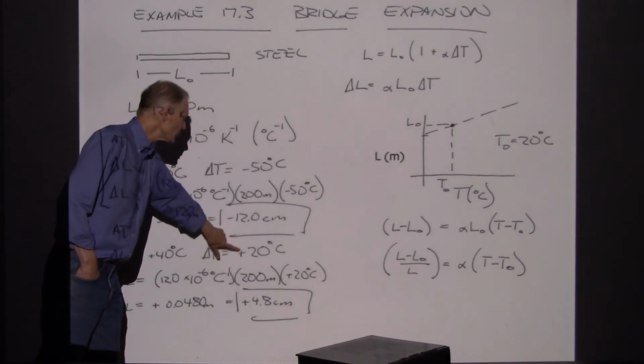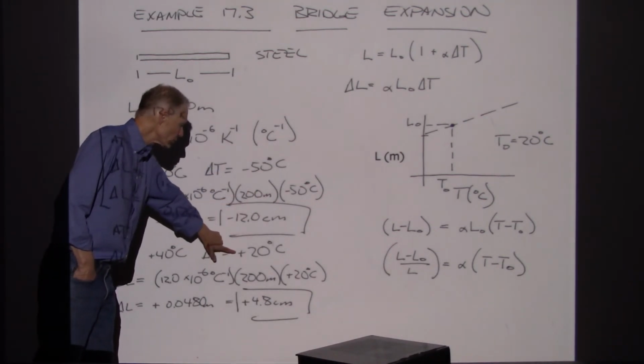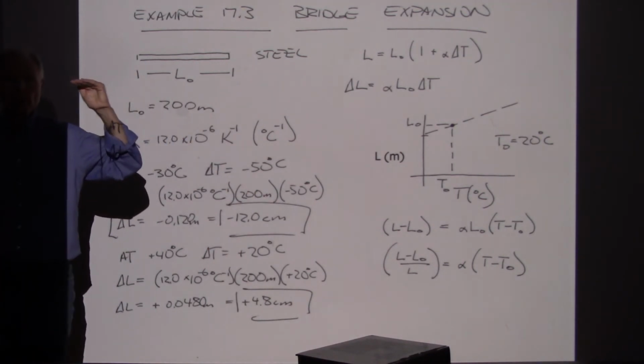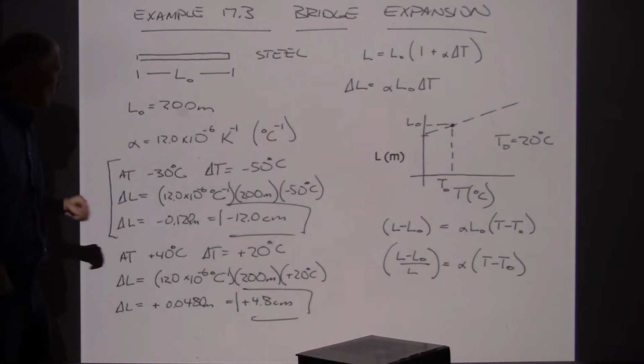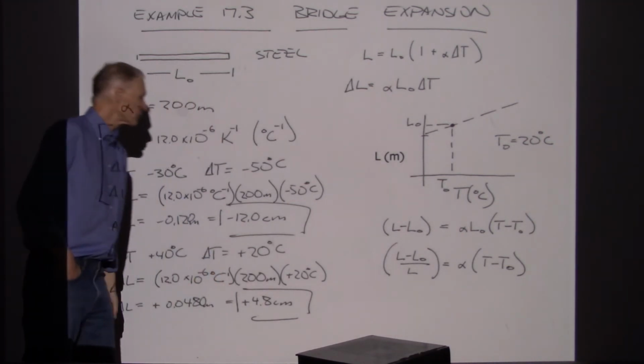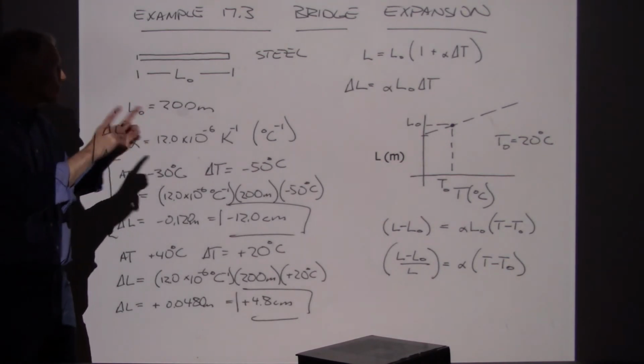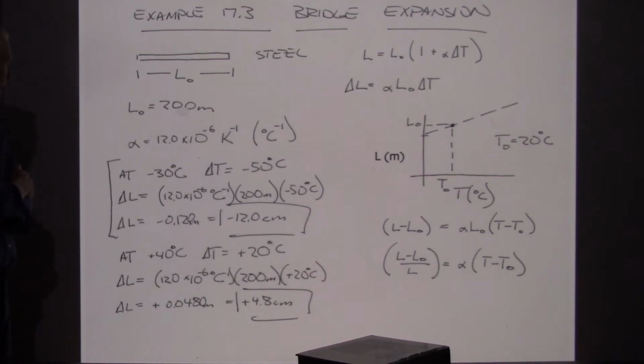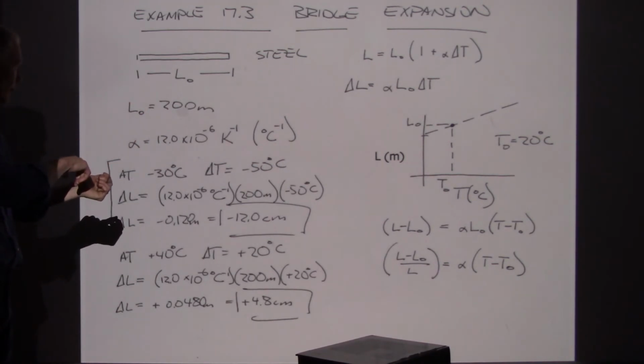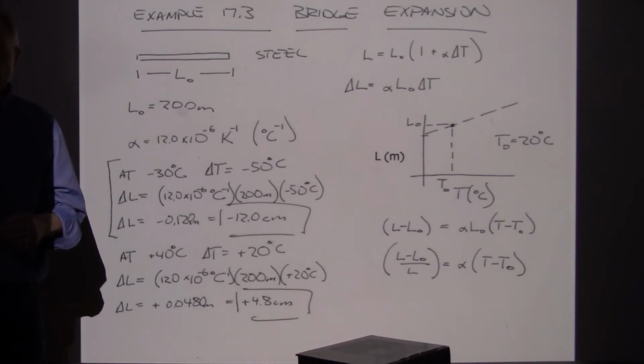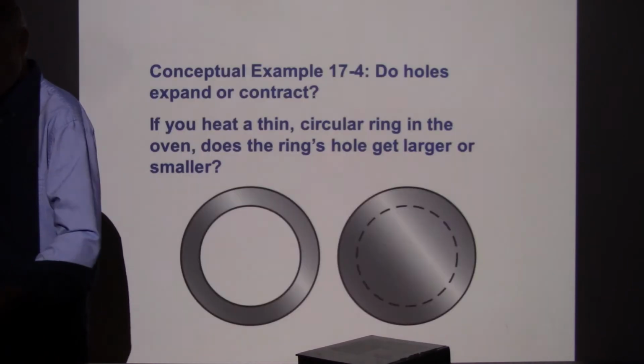Now, that wasn't such an extreme change, this was only 20 Celsius above our reference temperature, and that led to an expansion of 4.8. So I like this problem. It shows how much contraction we might have in the winter months, how much expansion we could have in the summer months on this bridge.